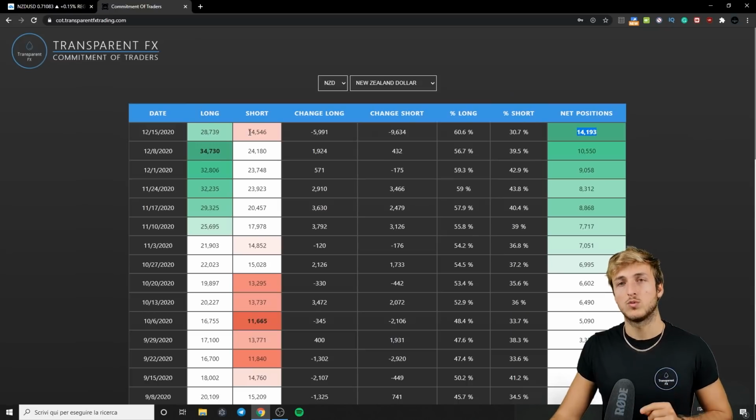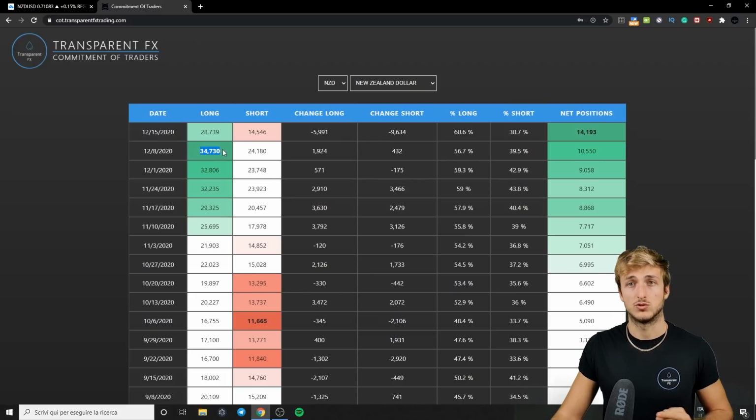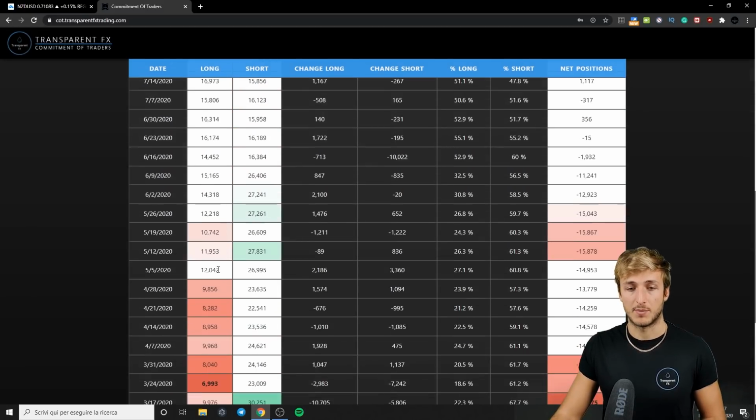But what we can see with the last report is that we have decreased long positions from an institutional perspective. In fact, we see a decrease from 34.7K to 28.7K. Now, 34.7K is one of the highest amounts of long positions that we had on NZD USD in the past.